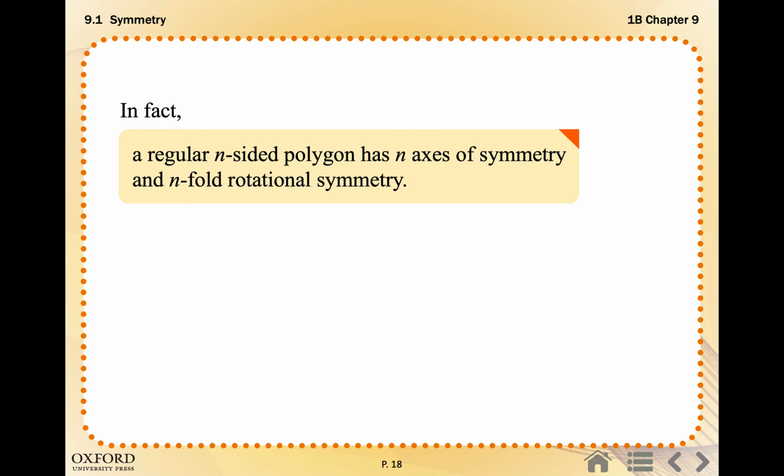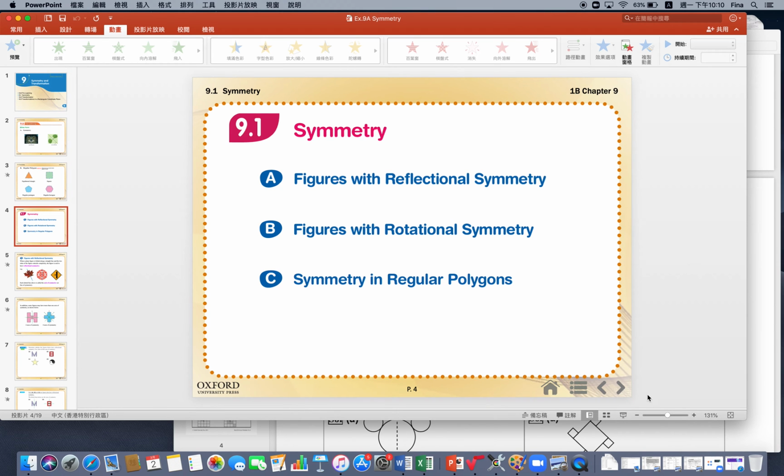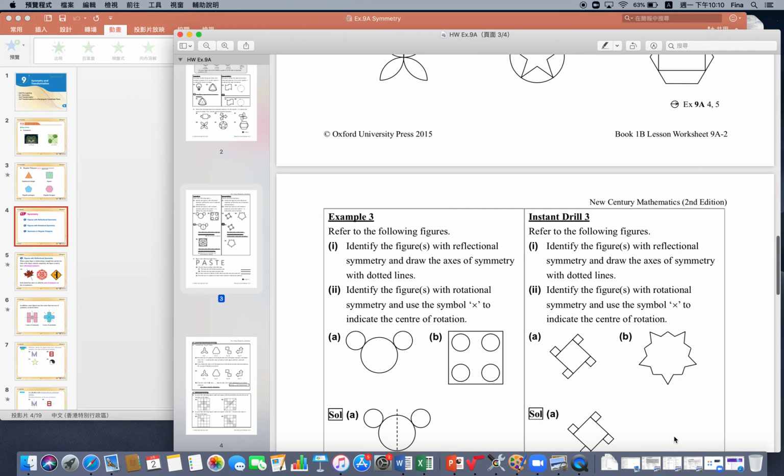And I hope that you can try the lesson worksheet as well for the symmetry part. That means exercise 9A. So for exercise 9A, I want you to look at the lesson worksheet as well.